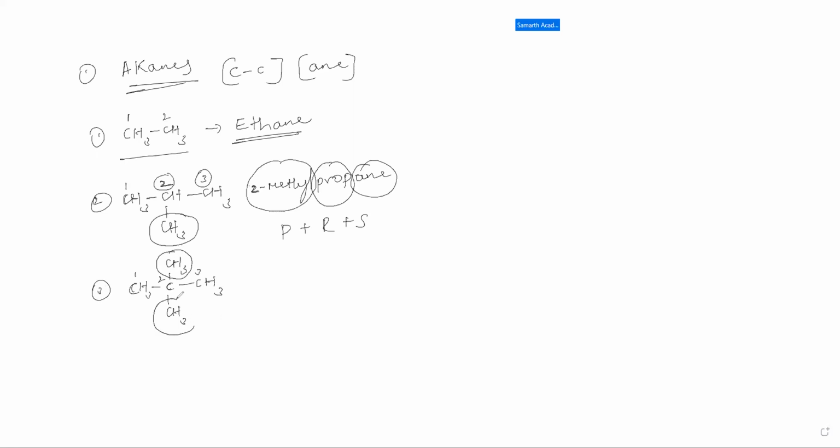The methyl groups are present at the same carbon, so I have to use the number 2 times, that is 2,2-dimethyl. The root word is the number of carbon atoms in the parent chain, that is 3 carbon atoms, so prop, and the compound contains carbon-carbon single bonds, so it is propane.